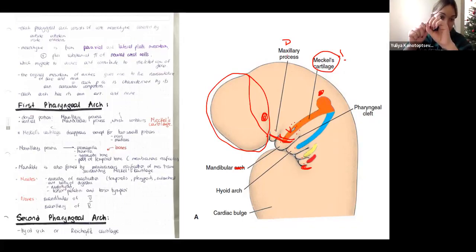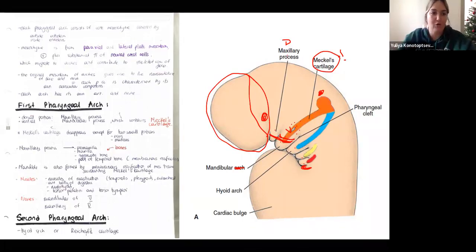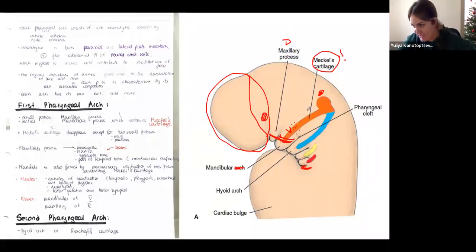And the more it disappears, the more space to fill in the gap that is now left by the Meckel's cartilage. So this is going to be your true mandible, which now is a true bone, right? So there is no cartilage anymore. To make a mandible, Meckel's cartilage has to disappear completely, to make sure that there is a space for the osteoblasts around it to make the bone.